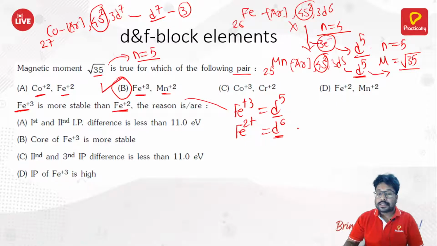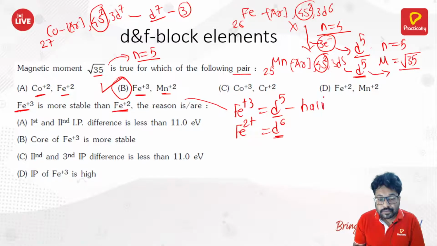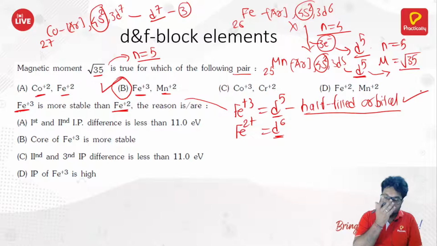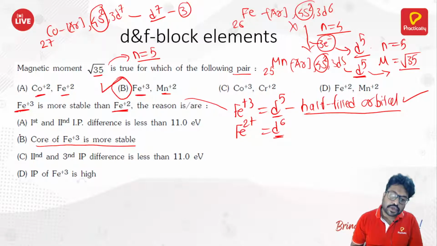The reason is, Fe plus 3 is d5, Fe plus 2 is d6, and we know that d5 is a half filled orbital, and half filled orbital has extra stability. That is why Fe plus 3 is more stable than Fe plus 2. In other words, the core of Fe plus 3 is more stable. That is why this is surely our answer.